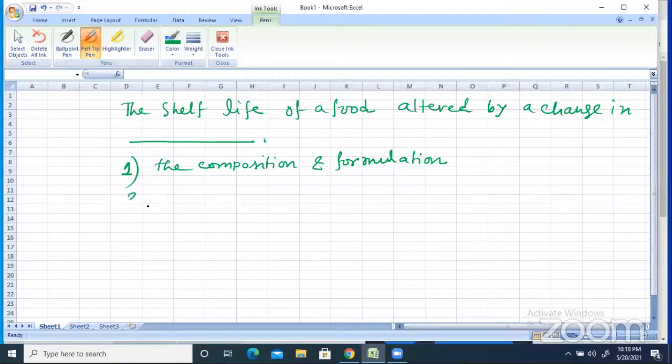Number two, processing parameter. Number three, packaging system.